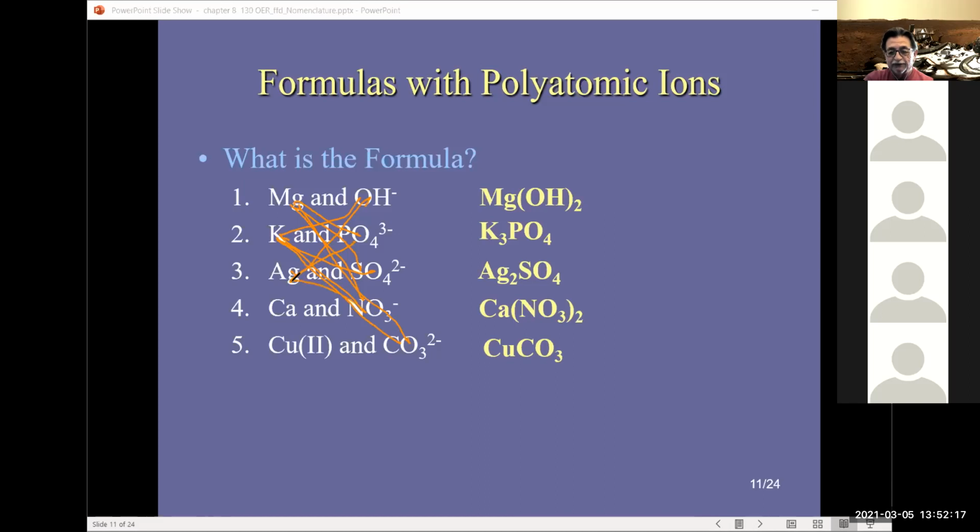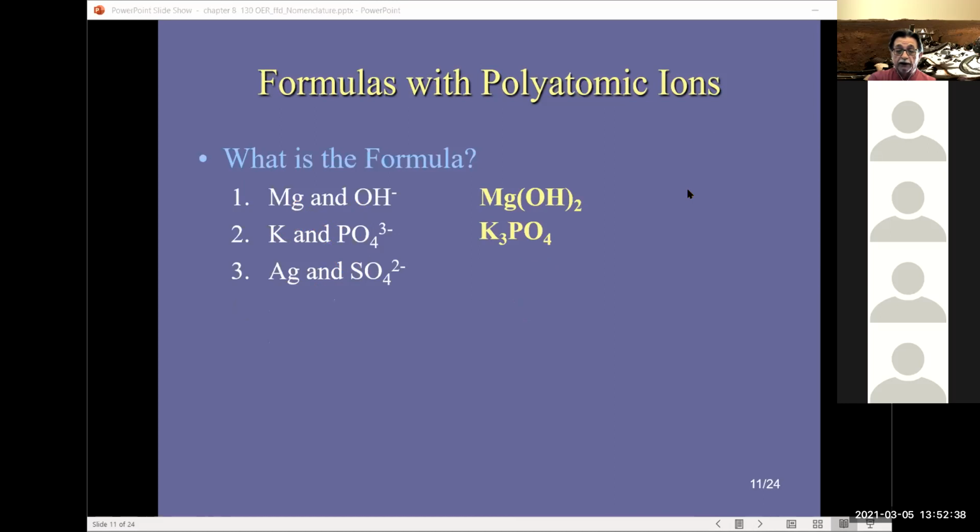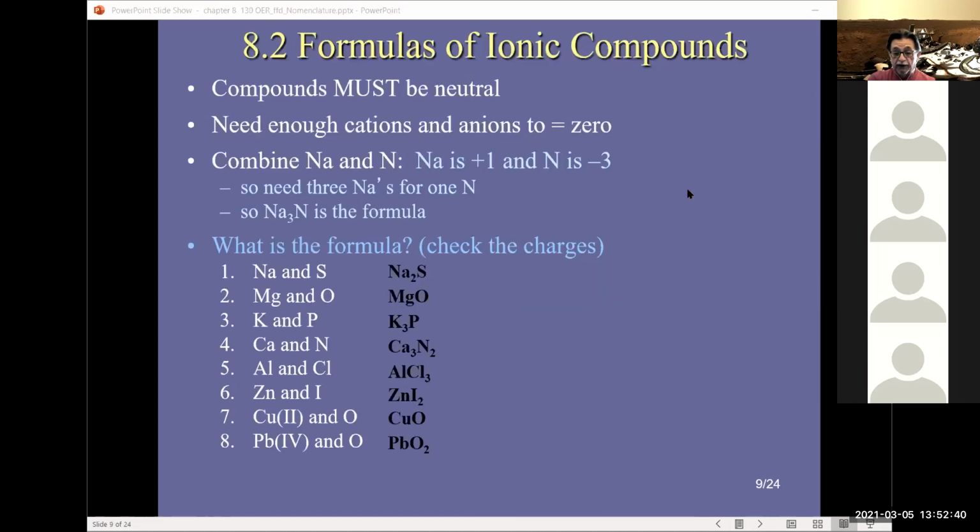Do you get the gist of it? Okay, so you can do a lot of mix and match here, mixing and matching all the different anions and cations. I mean, just the 5 here, there's 25 different combinations that you can do with just this page. And as you notice as we go along, we're adding others.